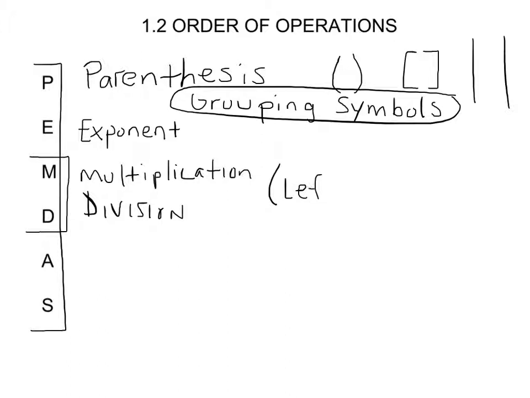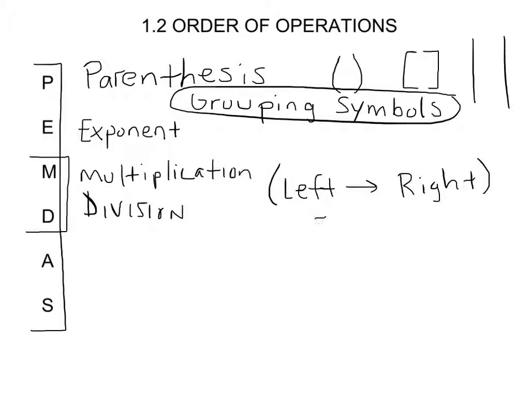You're not going to do all the multiplication and then all the division. It doesn't work that way. If you have multiplication and division and reading left to right, division comes first, then you're going to want to go ahead and do the division first. And I'll show you an example of that.